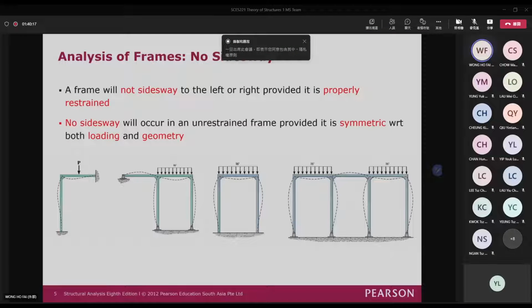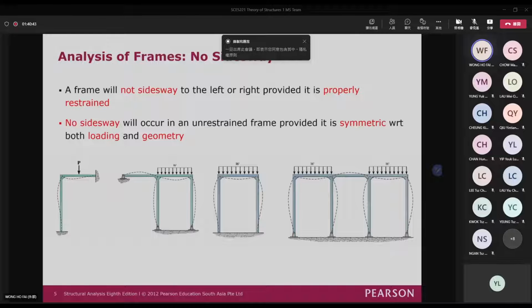But for a frame, if it is without sideway, it means that it is properly restrained. As you can see from the left-hand side, if there is a fixed support to restrain the members or restrain the frame from deforming laterally, then we call it a frame with no sideway.